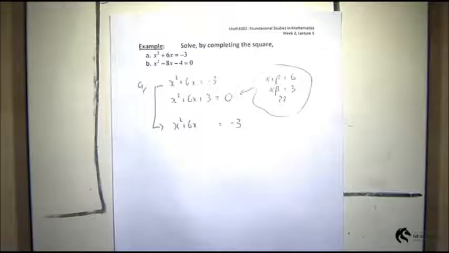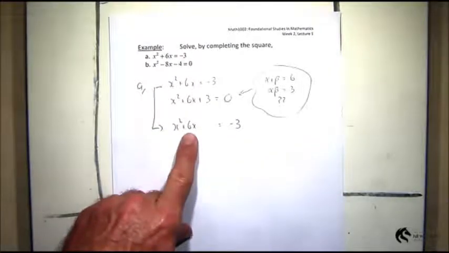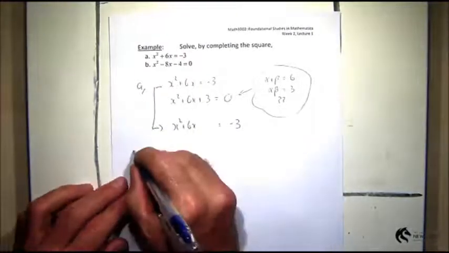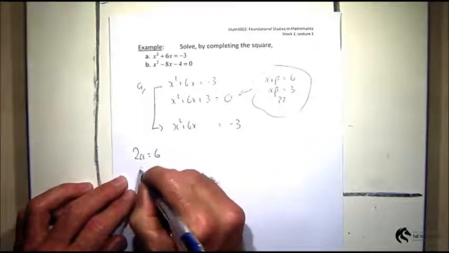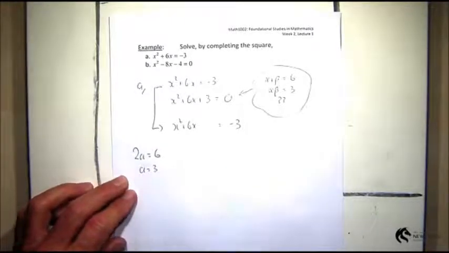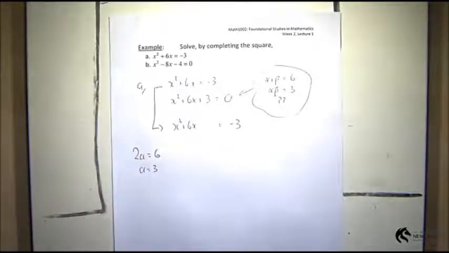So for my left-hand side here to look like that, this 6 here has to be 2 times a. So 2 times a has to equal 6. So a has to be equal to 3. For those two terms to look like these two terms, I have to have a equal to 3.